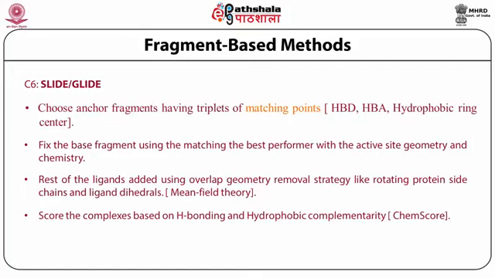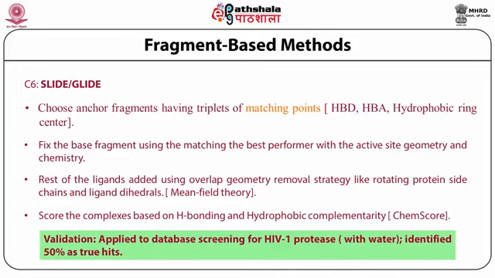Normally they take hydrogen bond donor, acceptor, and hydrophobic ring centers as their first three sites, and then start performing the search for the molecules in every place possible. What could be the designing? Applied to database screening, even with water it has identified almost 50% true hits.